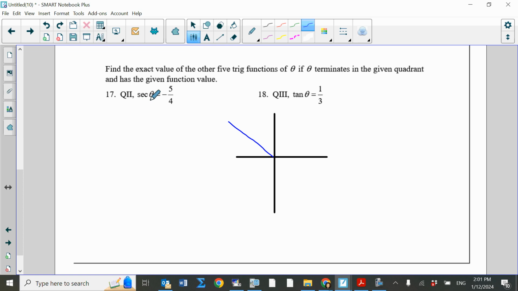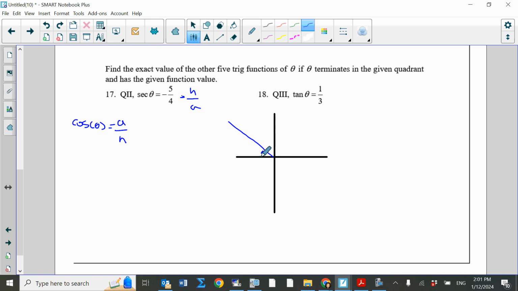Secant is reciprocal of cosine. We know that cosine is adjacent over hypotenuse. So secant is hypotenuse over adjacent. So we're going to look at this first.